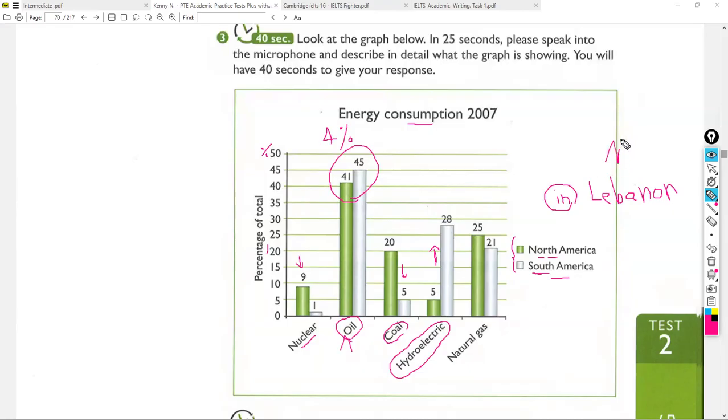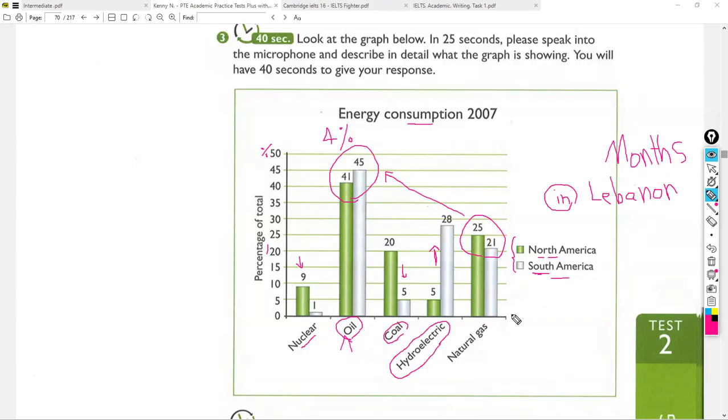With months, I also use the preposition in: in June, in July, in January. So please be careful because the preposition is really important. And we have an approximate percentage, not that big a difference.